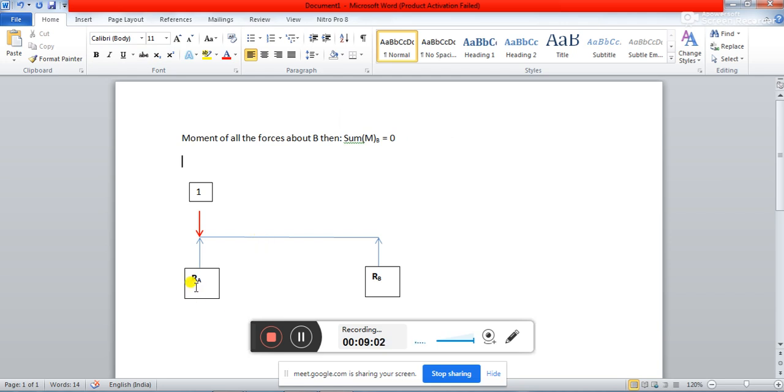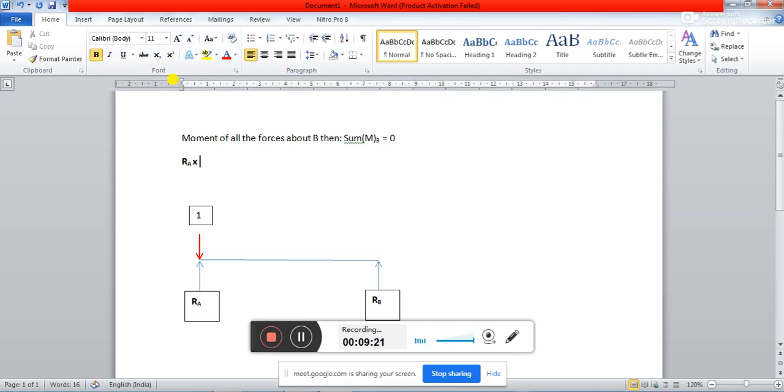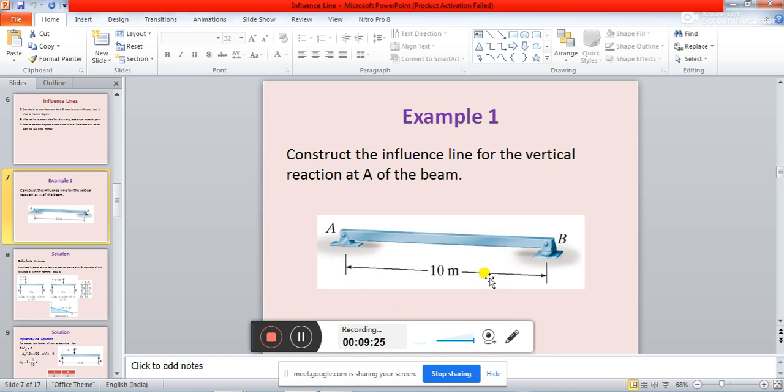The equation will come like this. It will be RA multiplied by, how much? What is the length of this beam? 10 meter, right?